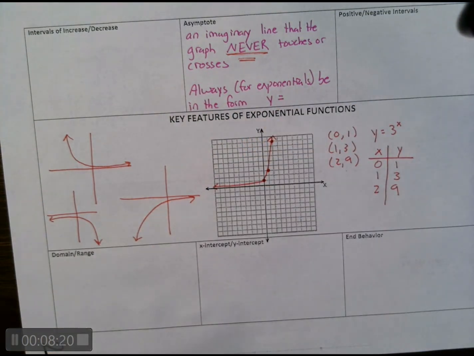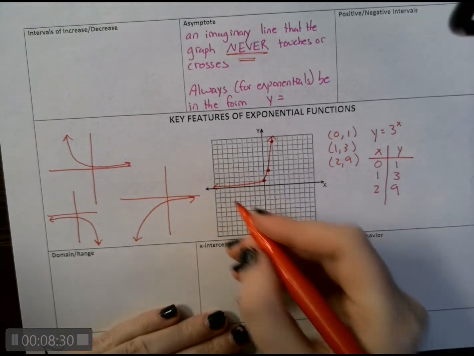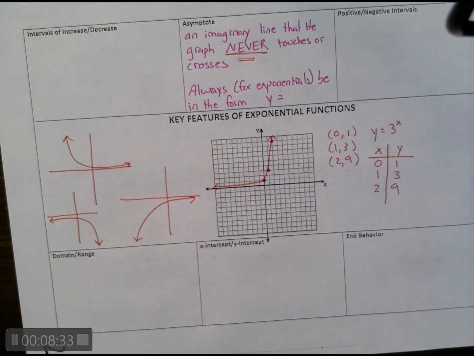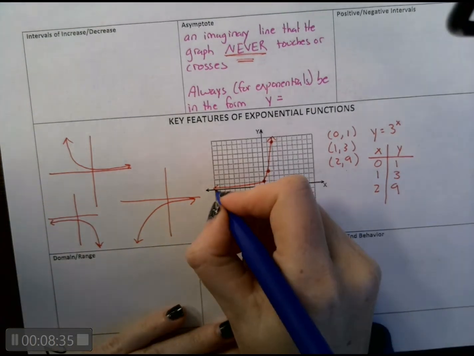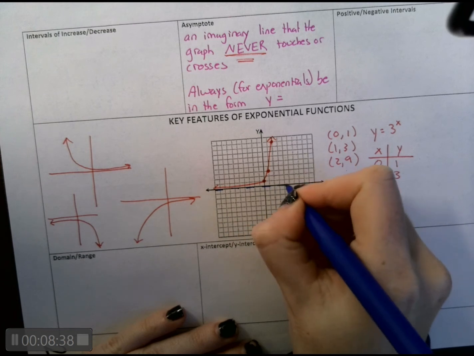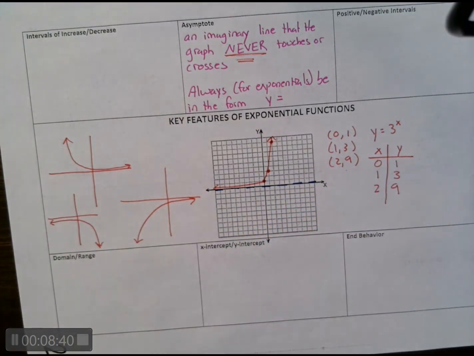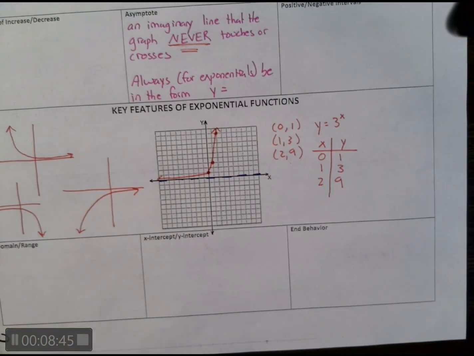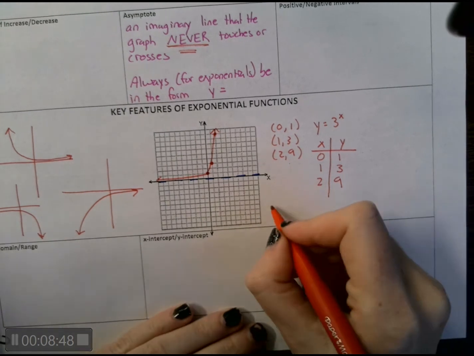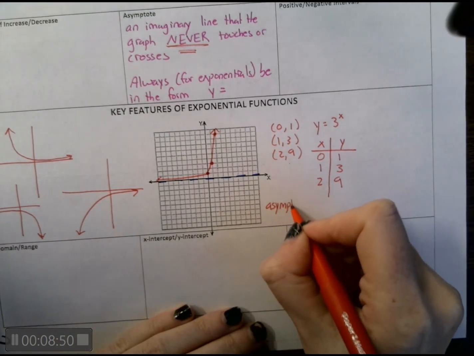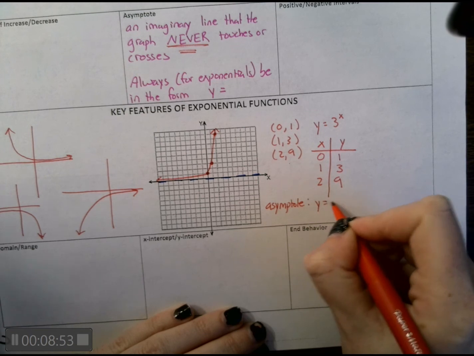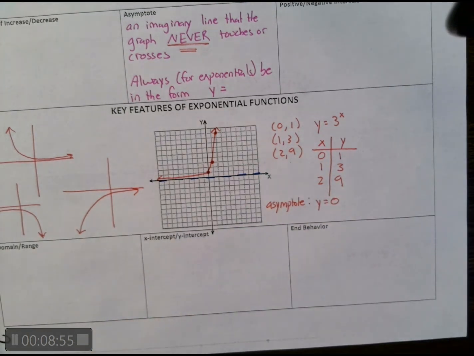Okay? So it's going to be a horizontal line. And as we know, horizontal lines are y equals. Okay? So we denote our asymptotes on our graph by a dashed line wherever our asymptote is. And our asymptote for this equation happens to be 0. So for this example, our asymptote is y equals 0. Okay?